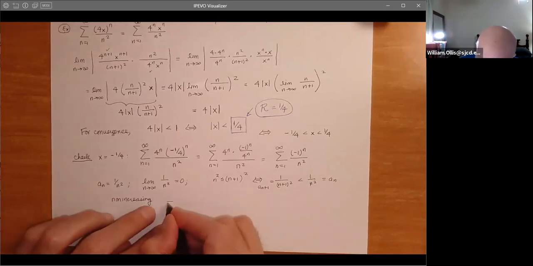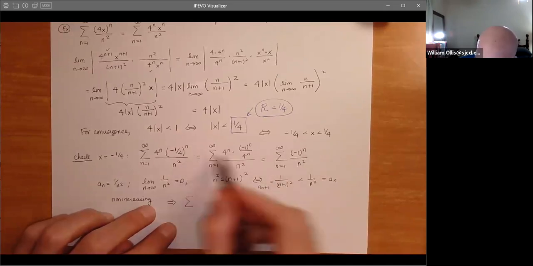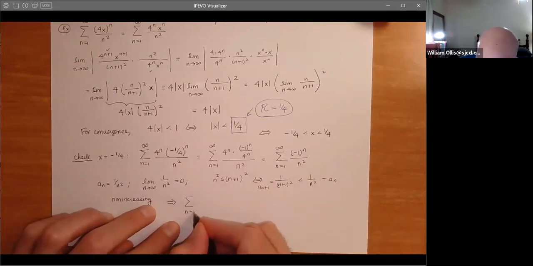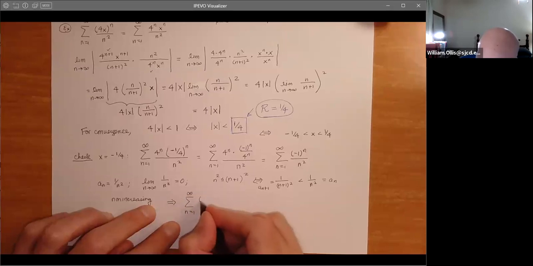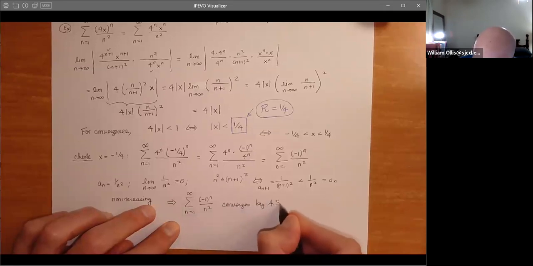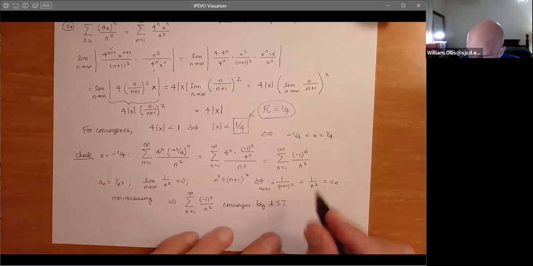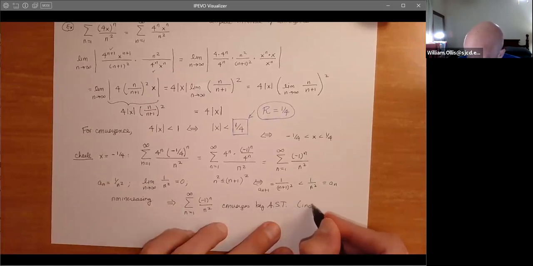So this implies this particular series here, n equals 1 to infinity, negative 1 to the n over n squared, converges by the alternating series test. So of course, this is going to imply that we include the negative 1/4. So at least for now, we'll just say include negative 1/4.